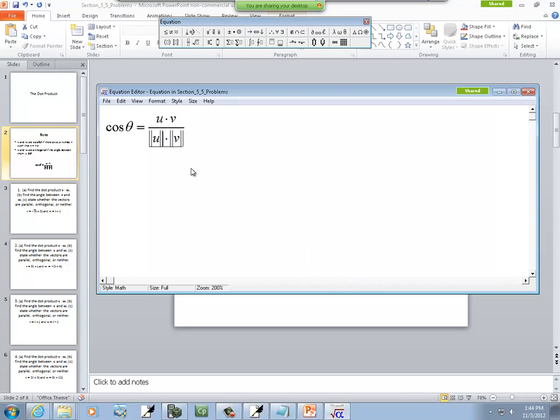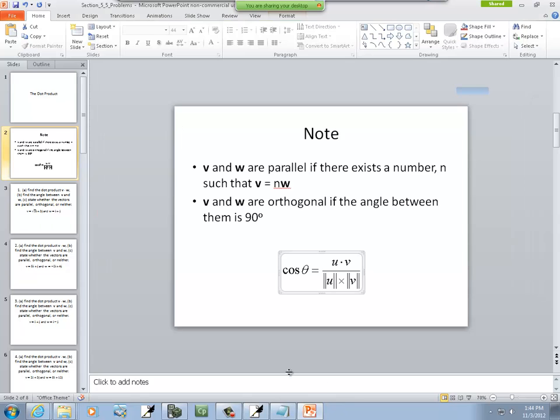Put a little multiplication between it there. Don't confuse that. The top is a dot product, the bottom is actually multiplication.